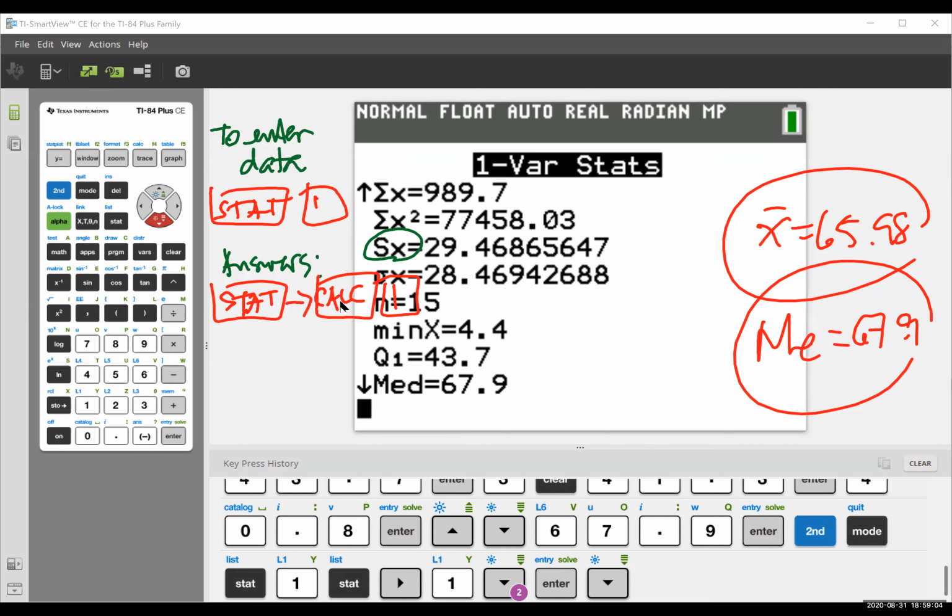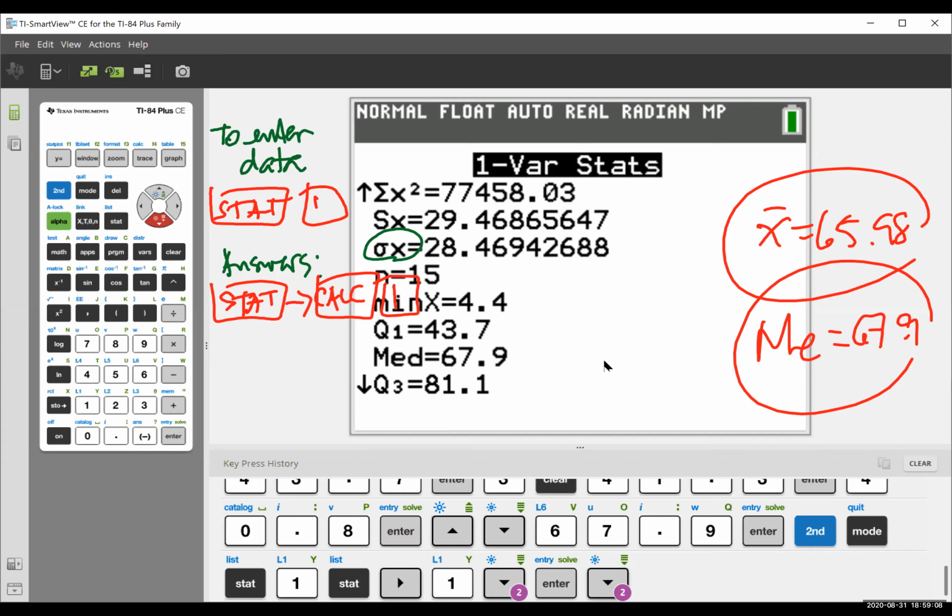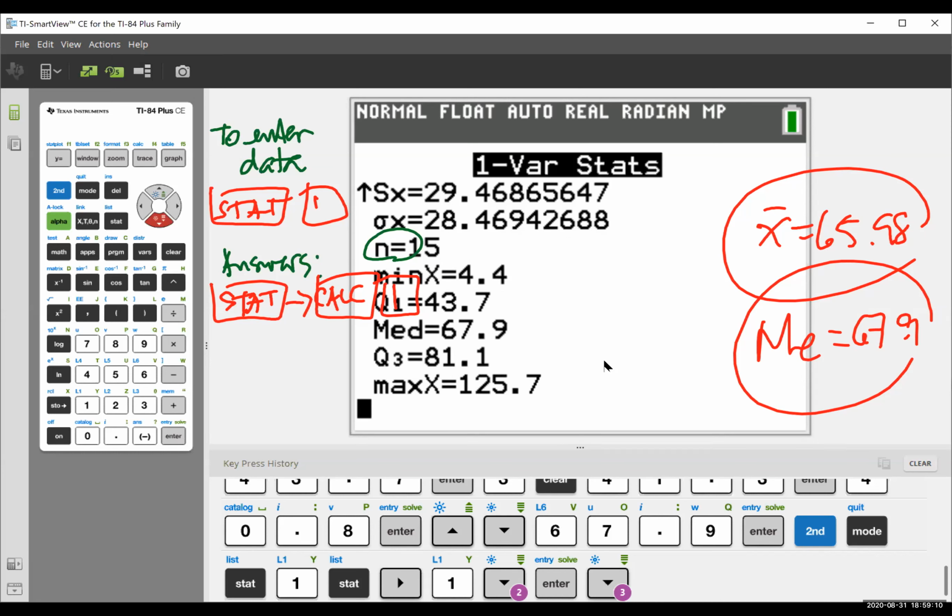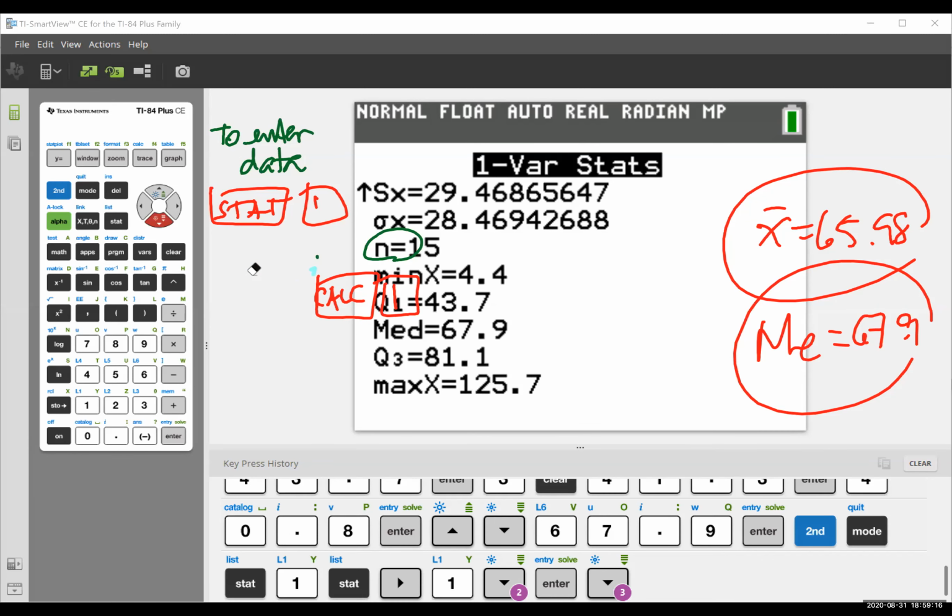Stat, calc, 1. When you scroll down here, I'm just showing you, this is for 3.3. This is what you need. These 5 answers here: the minimum, Q1, the median, Q3, and the maximum.